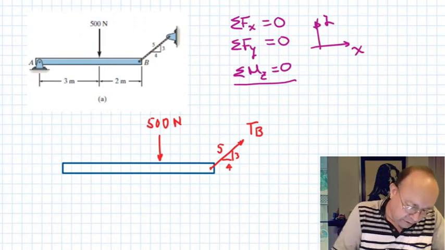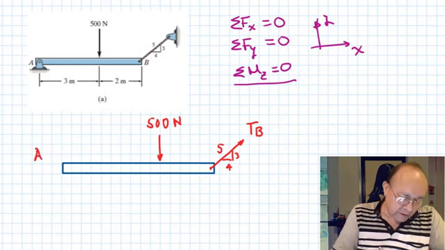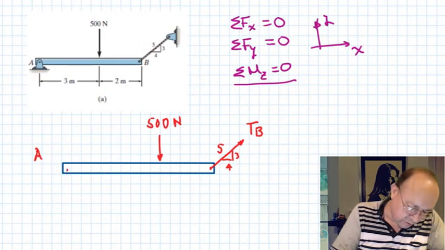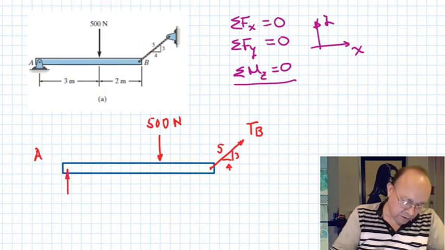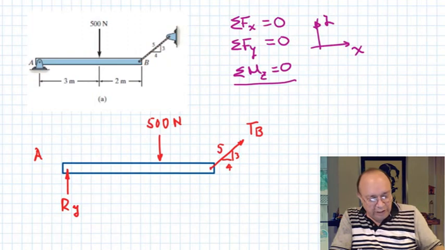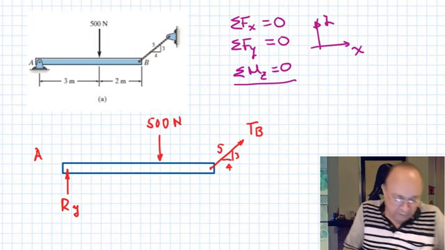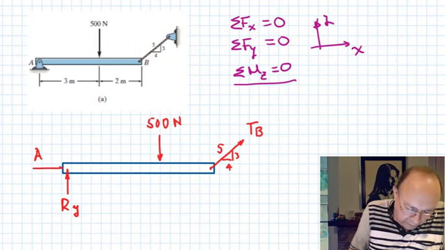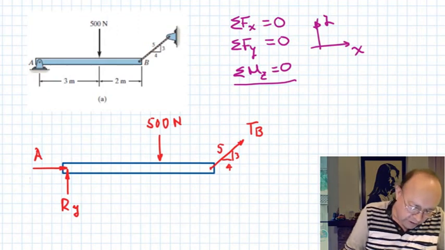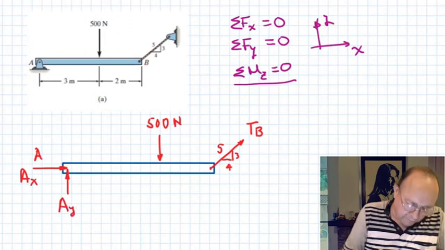And now this support at point A is what we saw before, a support that has two unknowns. One is vertical, because this beam is not going anywhere in the vertical direction, so there is a reaction here in the y direction. And this beam at point A is not going anywhere in the x direction either, because the support is right there to avoid it. So there will be another reaction here, let's call it Rx. Or another way to call it could be AX and AY.